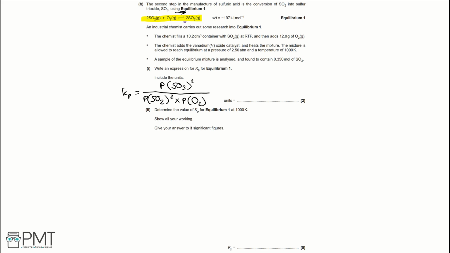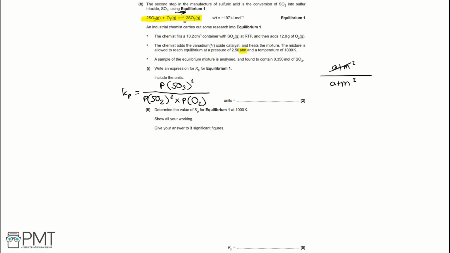So now we need to think about our units. Each partial pressure is going to be measured in atmospheres, because that's what we've been told the overall pressure is. So if we had atmospheres squared, and then we're going to divide that by atmospheres cubed because we're squaring and then timesing by another pressure, so that's going to be cubed.